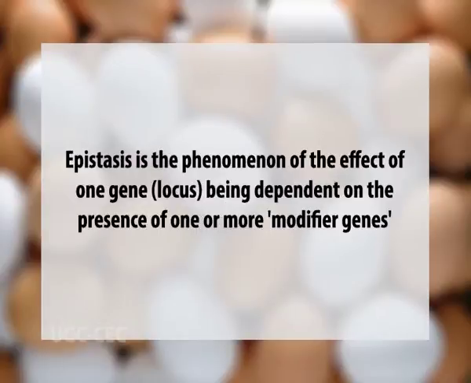Epistasis. Epistasis is the phenomenon of the effect of one gene being dependent on the presence of one or more modifier genes. Originally, the term meant that the phenotypic effect of one gene is masked by a different gene locus. Thus, epistatic mutations have different effects in combination than individually.